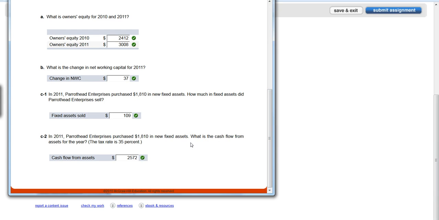So I hope that by using this example, I have been helpful to make you better understand how to solve the questions on the calculation of cash flow from assets and also what we call the free cash flow. That's it for this discussion.